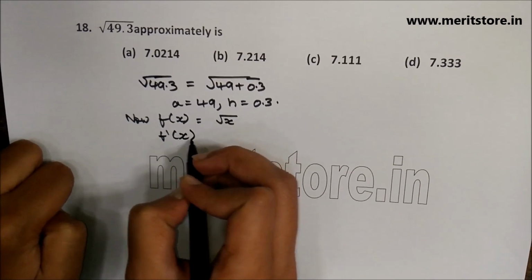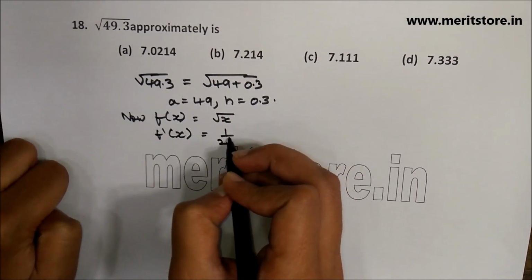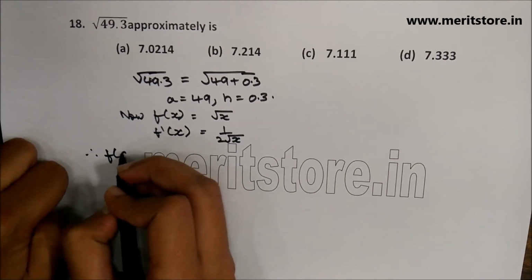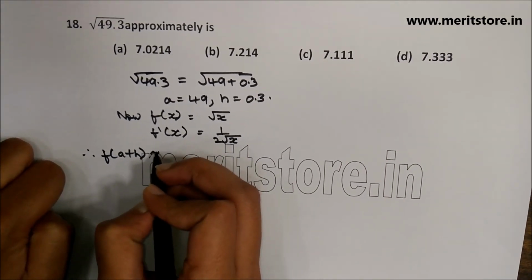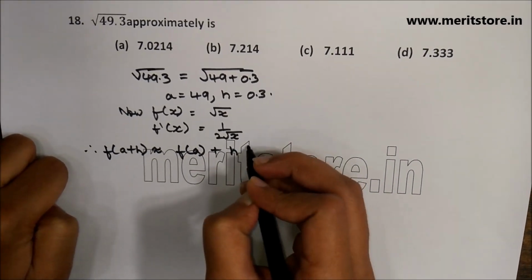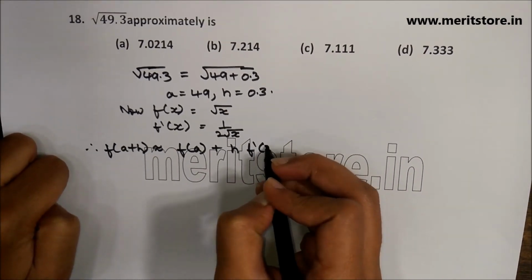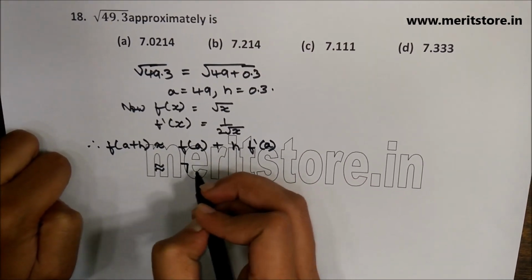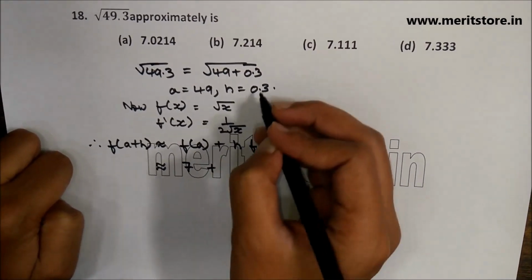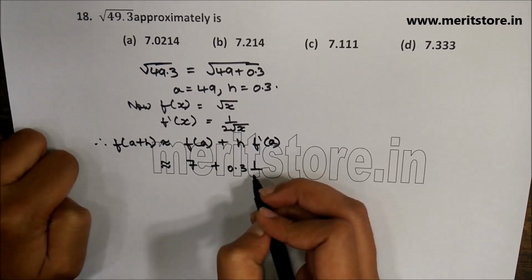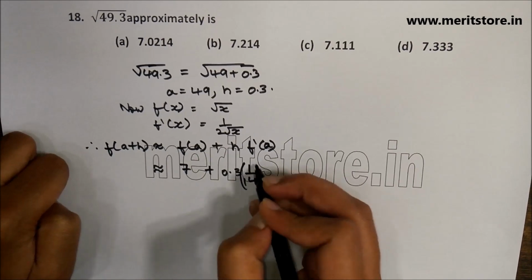Differentiating this once, we get 1 upon 2 root of x. Therefore, f of a plus h is f of a plus h times f dash of a. Putting the value 7, substituting the value of h as 0.3 and f dash a as 1 by 14.